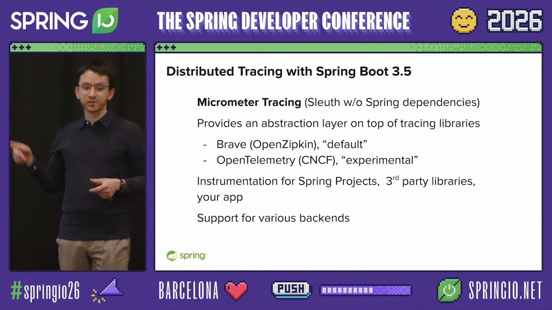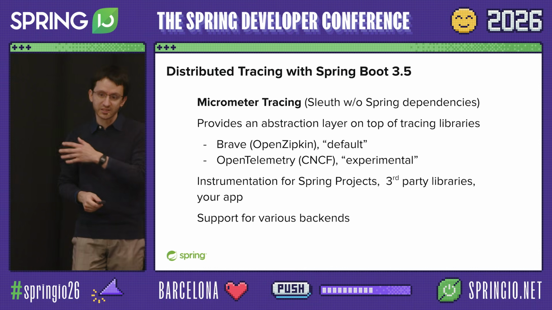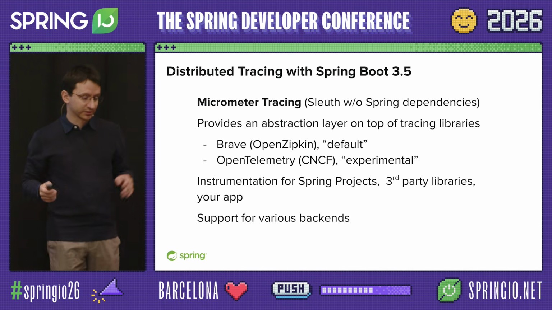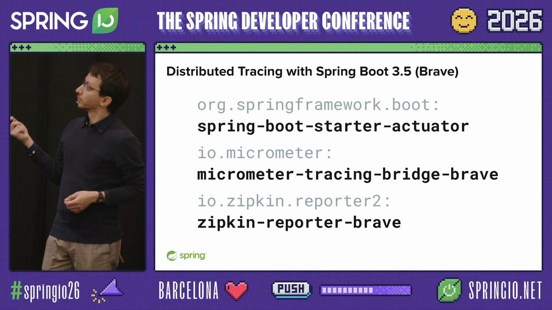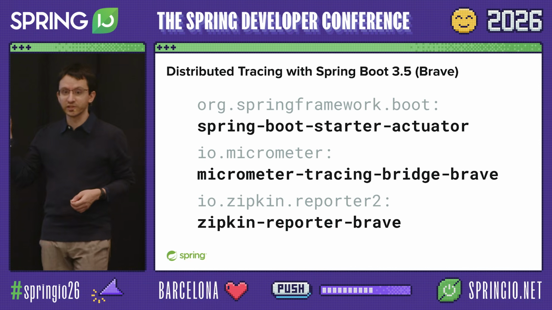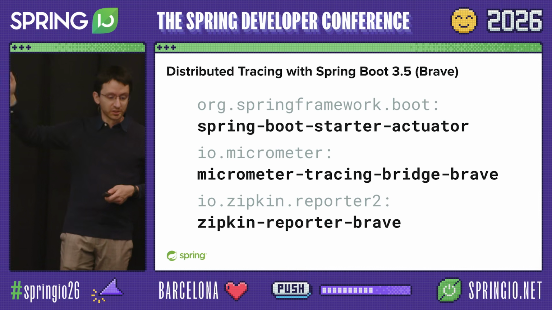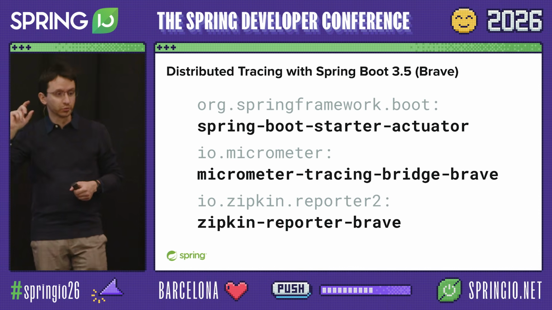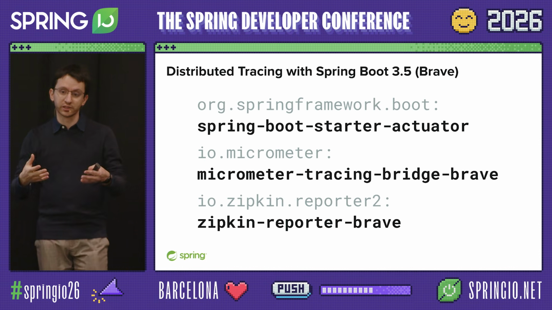If you are familiar with the Sleuth API, the Micrometer Tracing API looks exactly like that. If you want to use Brave, that tracing library, with Micrometer Tracing, then these 3 dependencies are what you need. Actuator, then you need to choose the bridge for Brave, which will give you support for the Brave tracing library.